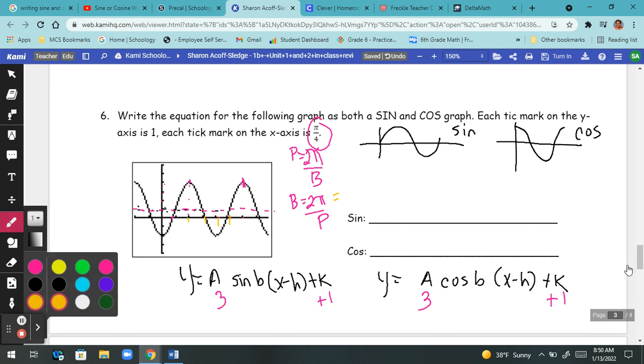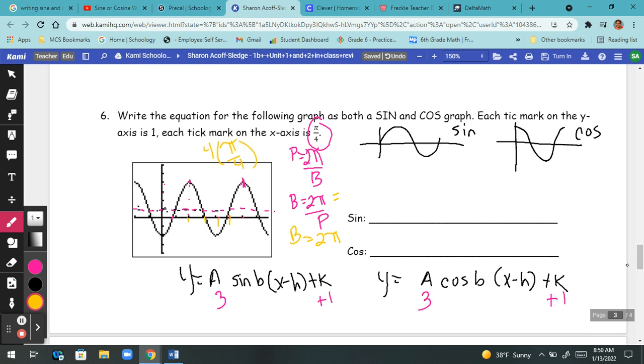So B is equal to 2 pi over my period, which was 4 of these pi over 4s. So that's simply pi. So my period is pi for this graph. And that cancels out, so B is equal to 2.